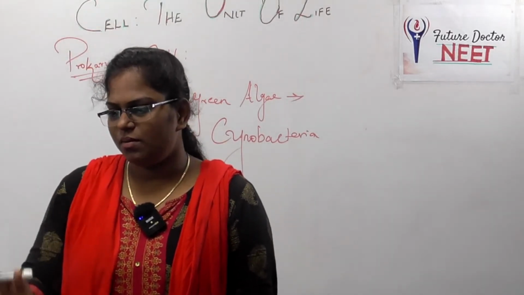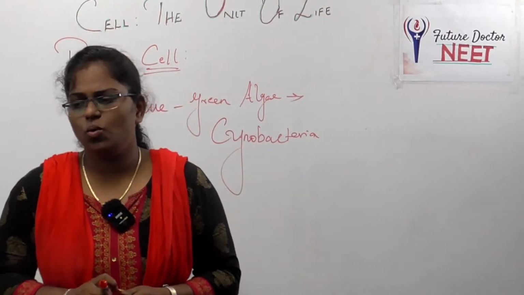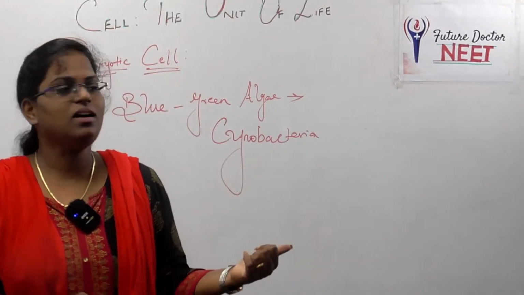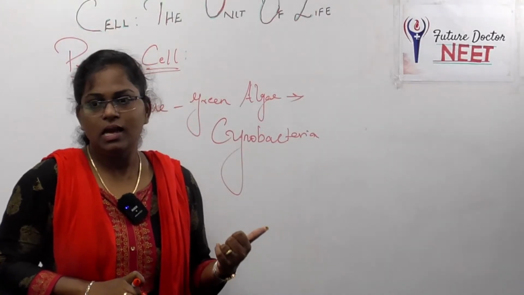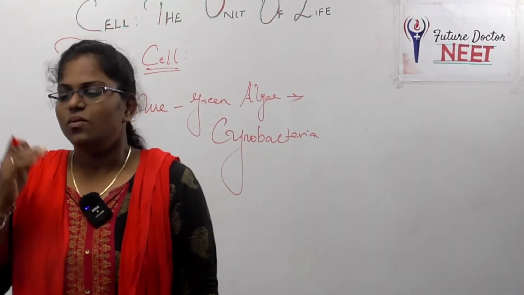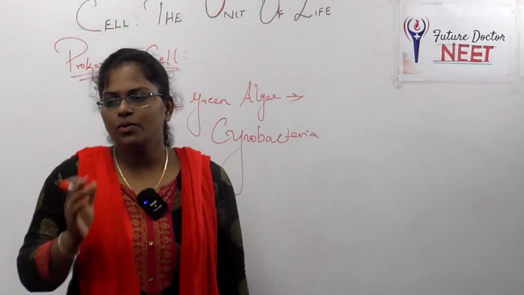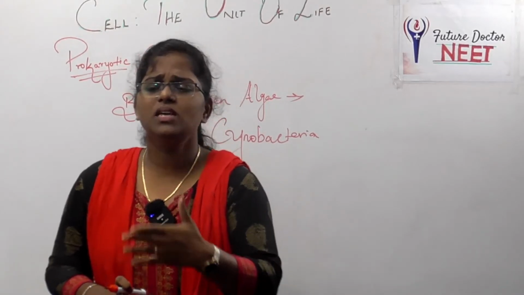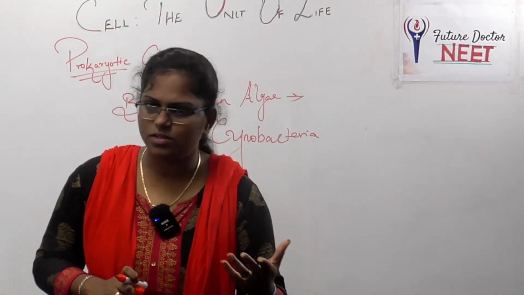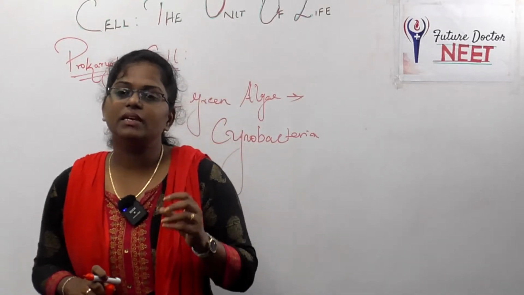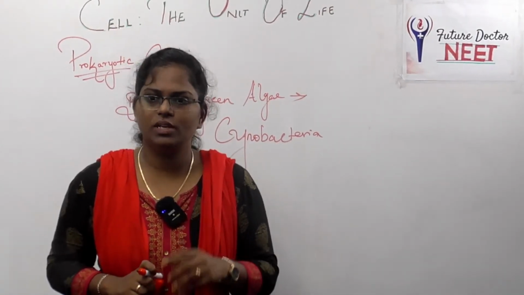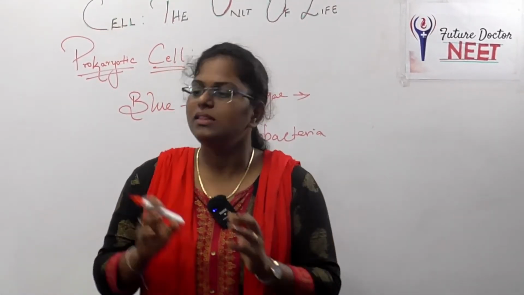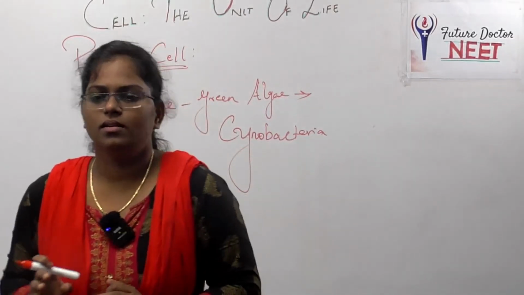And then mycoplasma and PPLO. What is PPLO? Mycoplasma is a bacteria. It is the smallest bacteria, which is 0.3 micrometer in length. We already saw that. And what is PPLO? PPLO is pleuropneumonia-like organisms. It is also a bacteria that gives rise to pneumonia fever. If anyone is suffering from pneumonia fever, this bacteria will be there, PPLO.